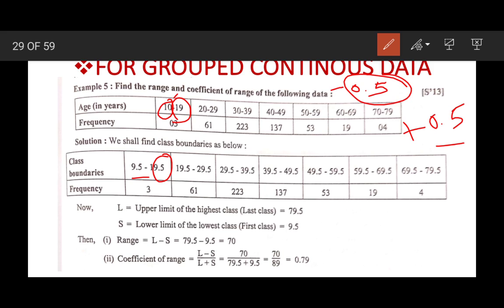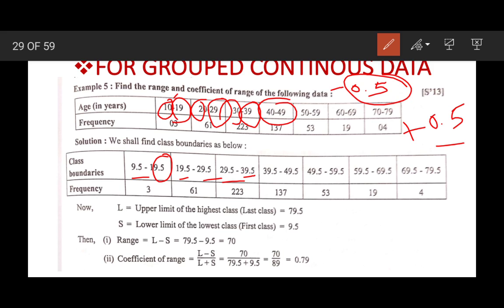Then the second interval: I subtract 0.5 from 20, so I get 19.5. Then I add 0.5 to 29, so it will be 29.5. Third interval: I subtract 0.5 from 30, so it will be 29.5, and add 0.5 to 39, so it will be 39.5.